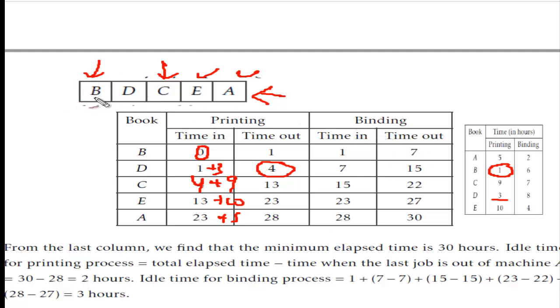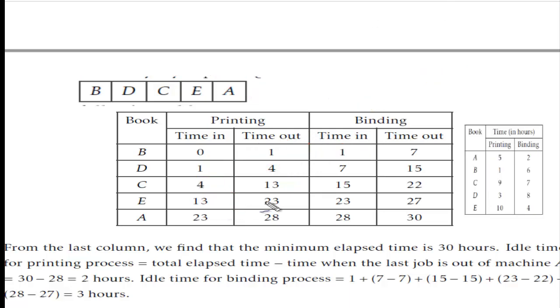If you want to bind B at time 0, both binding and printing will come at time 0. At time 0, B is in a printing job, so I cannot bind it unless it is finished, so I have to wait one unit of time. So whatever is the time of the first job, that is the waiting time added to the second binding job, right? So you have to wait this much, so one unit you have to wait, right?